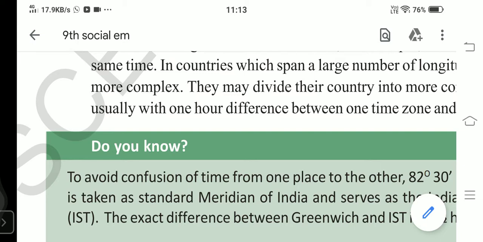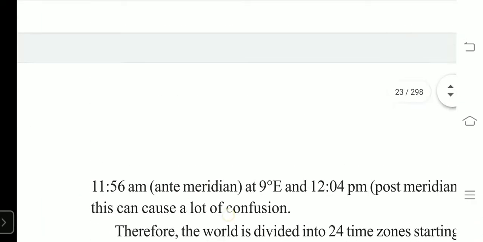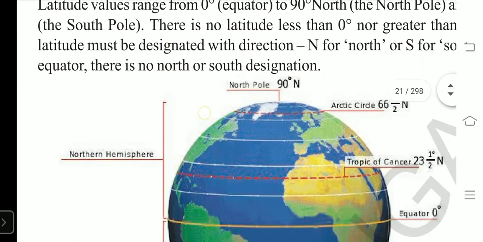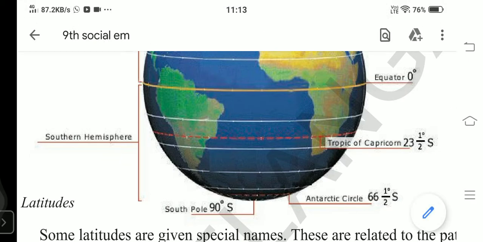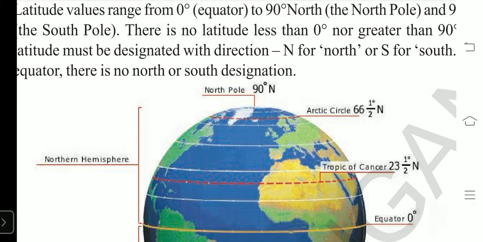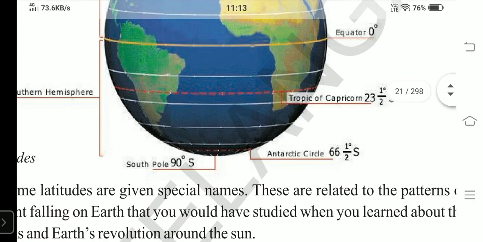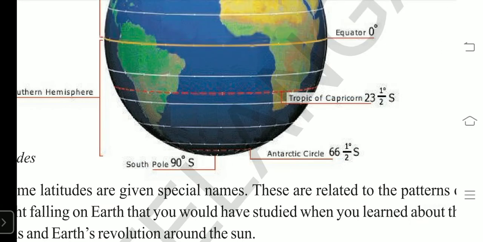Those are the Equator, then the Tropic of Cancer, then the Arctic Circle, 90 degrees North Pole, then the Tropic of Capricorn, then the Antarctic Circle, then 90 degrees South Pole, right?